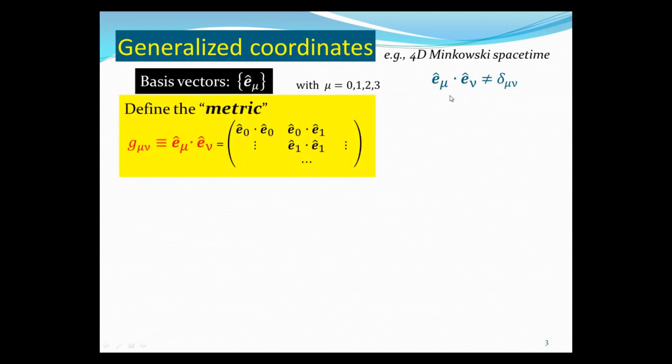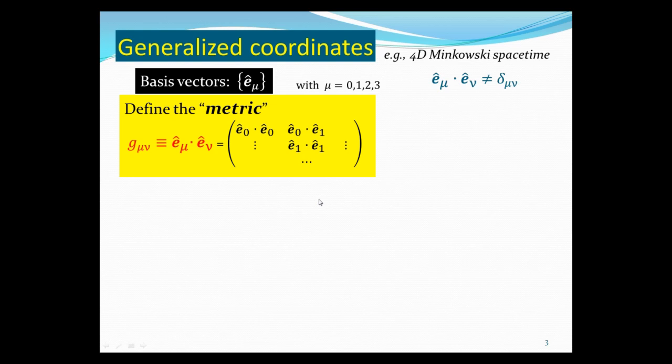But still, we can take these dot products of basis vectors and arrange them into a matrix, in which e_mu dot e_nu is the mu-nu element of a matrix G. So, for example, G00 is just e0 dot e0, G01 is e0 dot e1, and so on and so forth.